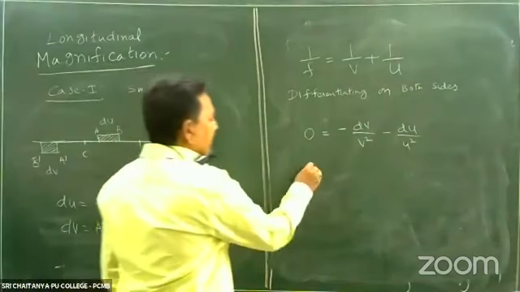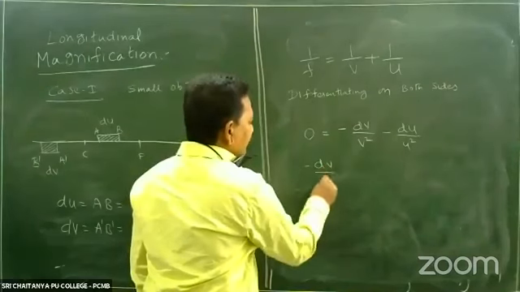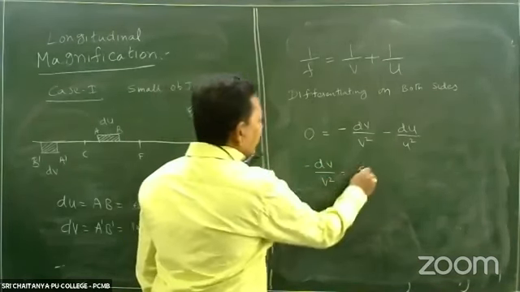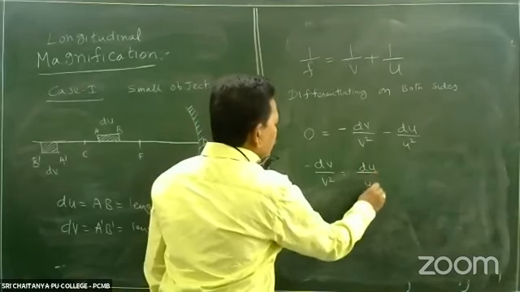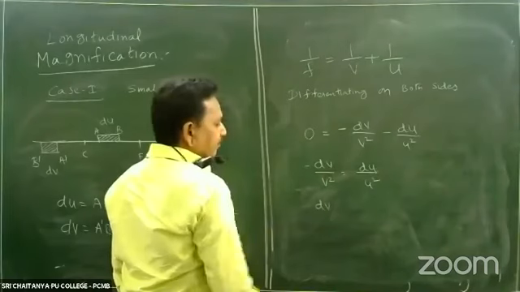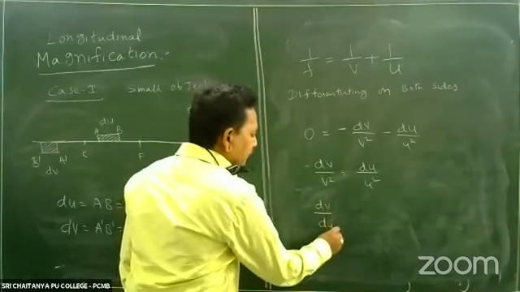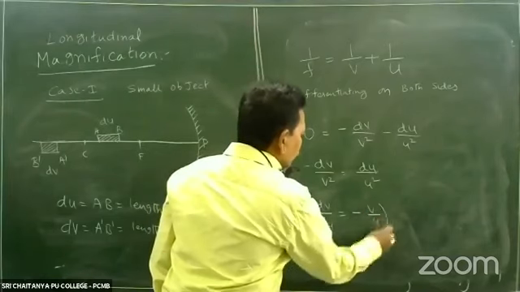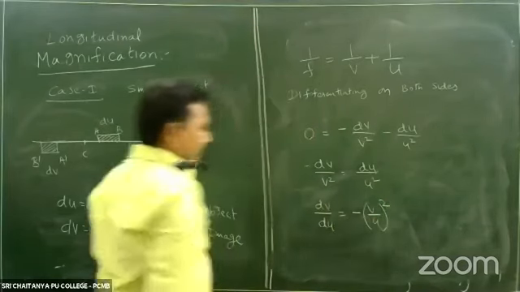So minus dV by V square is equal to dU by U square. dV by dU is equal to minus (V by U) whole square.